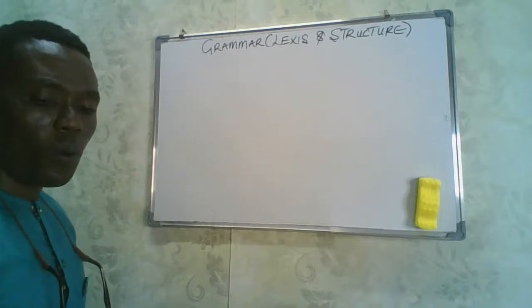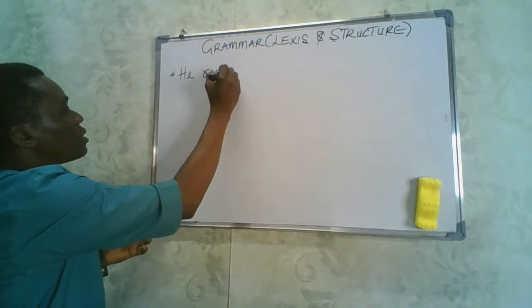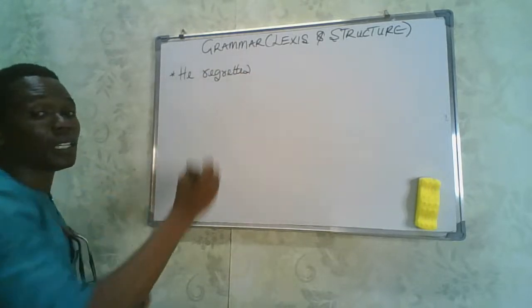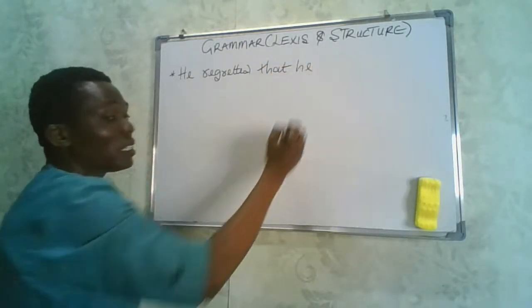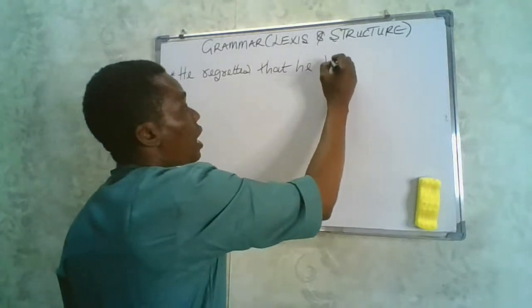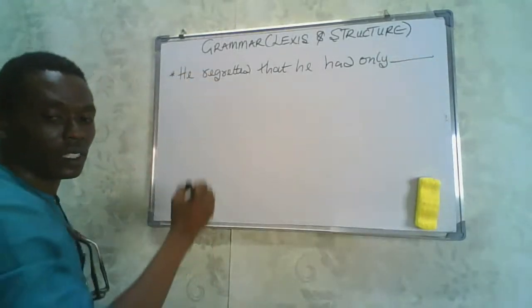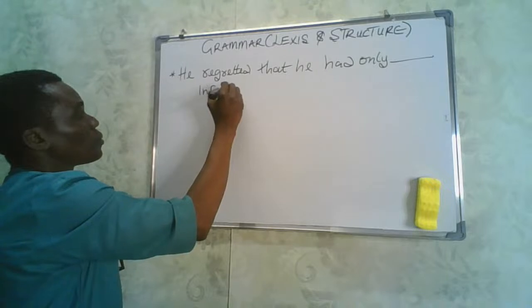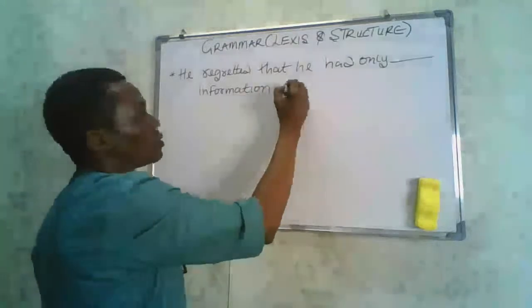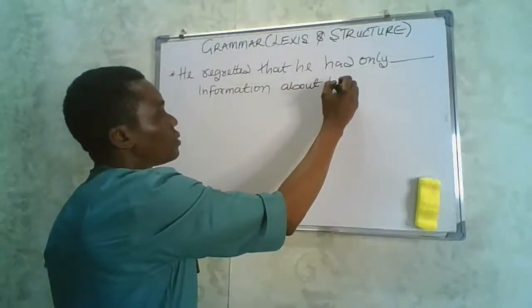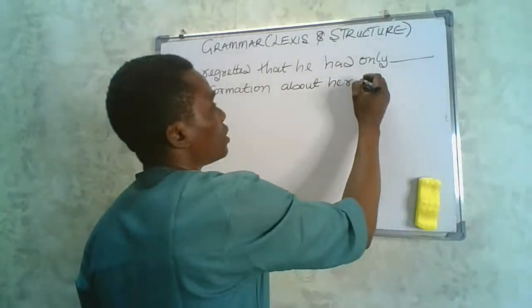In this question, we are told that he regretted that he had only dash information about her when we asked about her whereabouts from him.